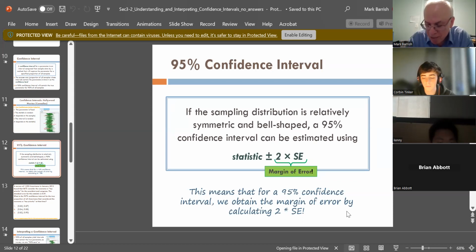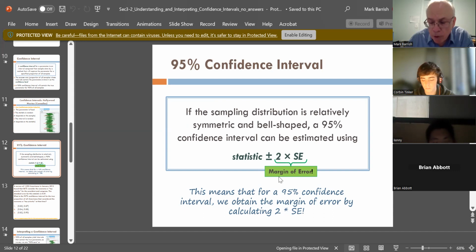I don't know if you remember that number, but when we're considering the standard deviation for the sampling distribution, that's called the standard error.